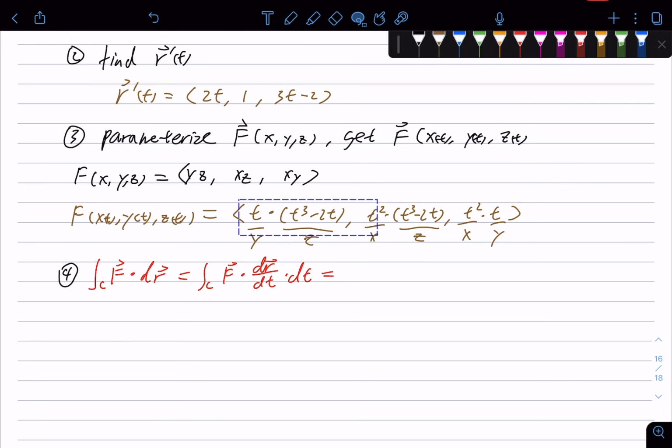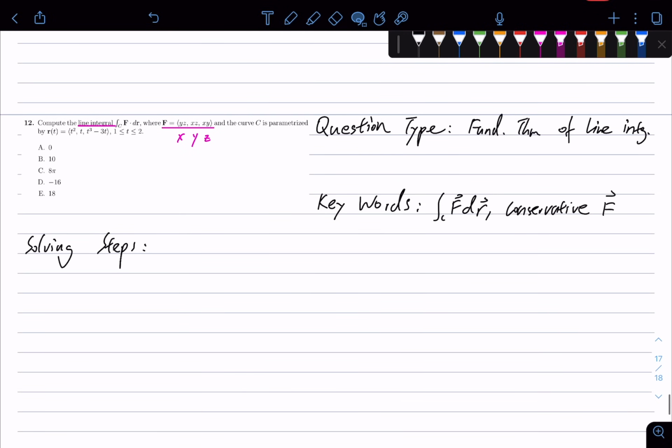If you take the dot product between the two, that's already difficult enough, and you have to sum up everything and then integrate again. It's really a huge hassle. So usually, this line integral is hard to compute.